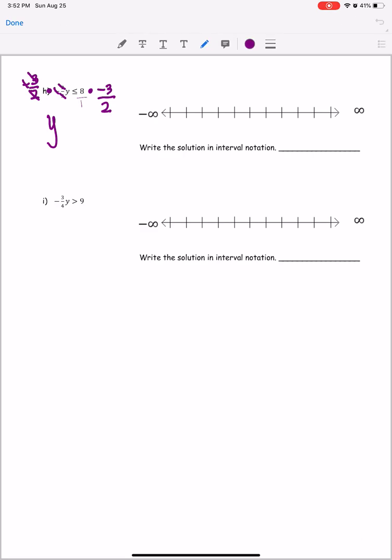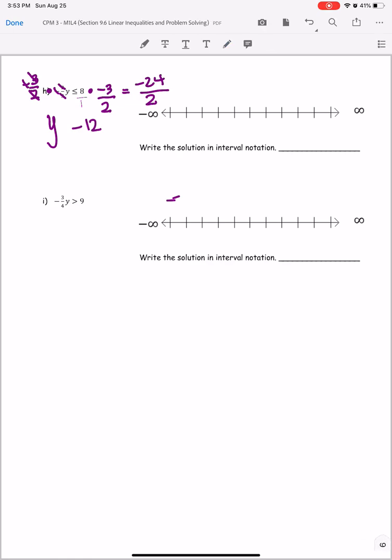So I've got 8 times negative 3, which is negative 24. 1 times 2 is 2. And then negative 24 divided by 2 is negative 12. So if you rewind the video, you'll see when you did that in 2 parts, you did exactly that. You times by 3 and divided by 2. So same thing, but this is just one step, takes up less room.